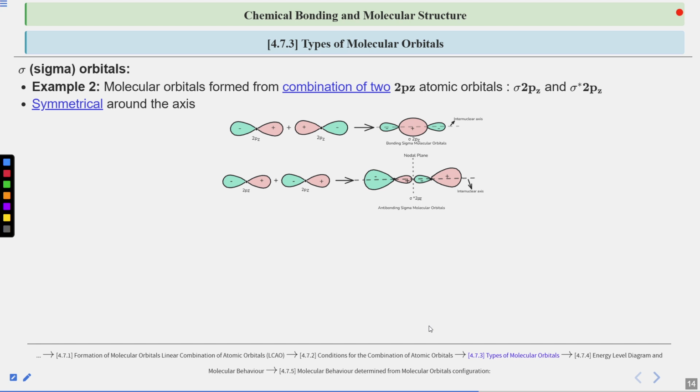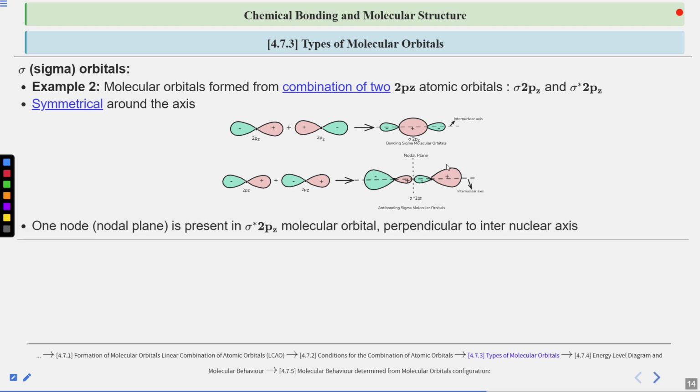The positive and positive will overlap to form two kinds of orbitals. In the bonding sigma molecular orbital, there will be no nodes. But in the anti-bonding, there is a node perpendicular to the internuclear axis, similar to the sigma 1s. I hope you got the point.